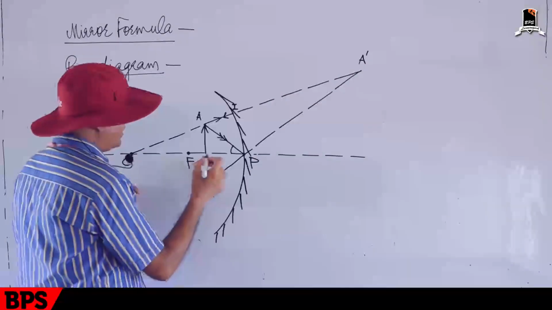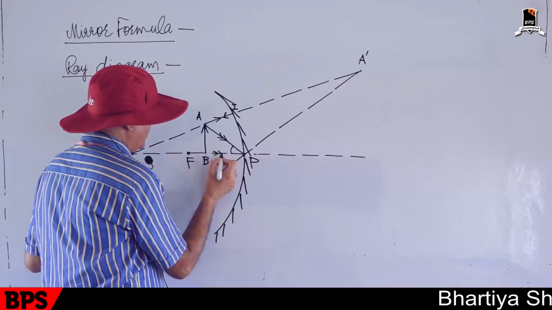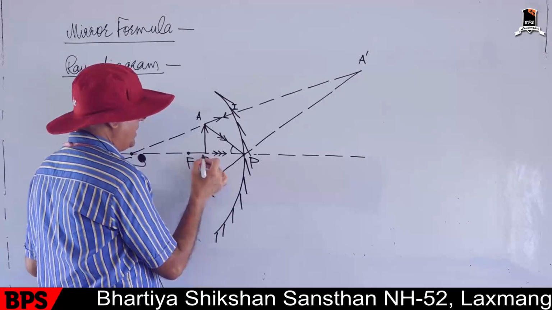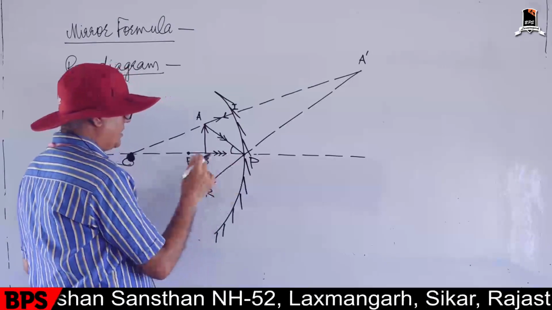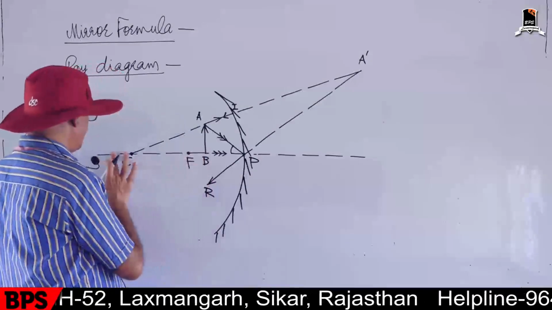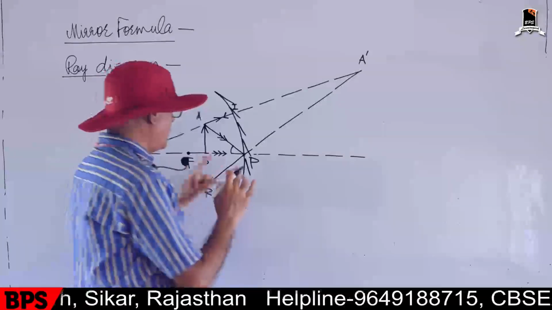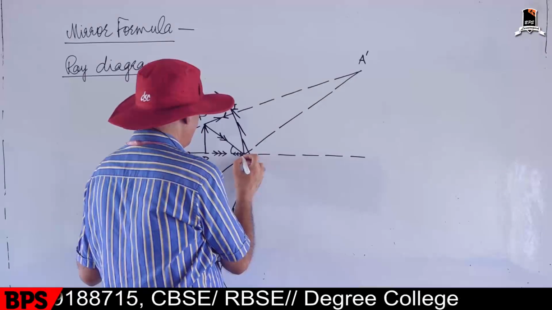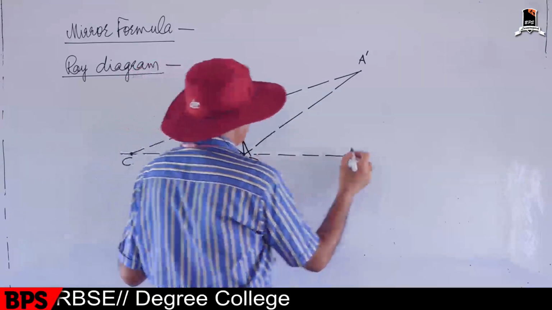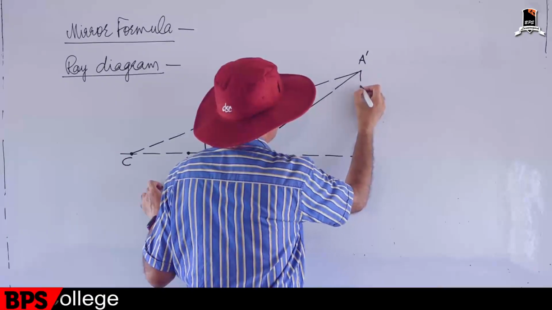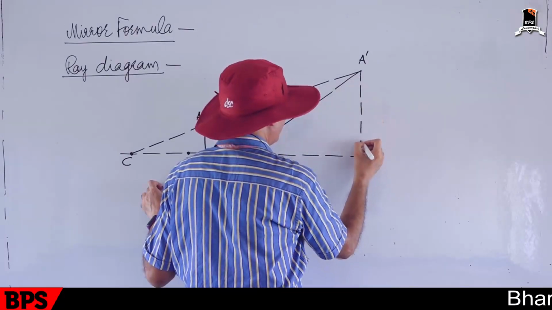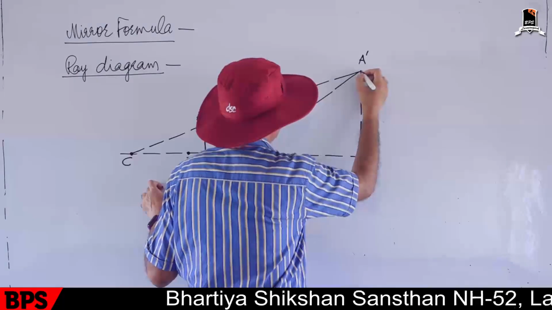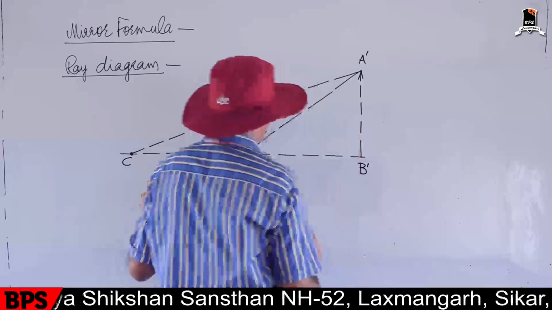And if you take this third ray, which is incident from the base of this candle, point B, towards the pole, since this ray is also passing through the center of curvature point C, therefore it will be reflected back in the same direction, and if you extend this, then you will get the image of point B here. So this will be the image point of B. This is the arrowhead.